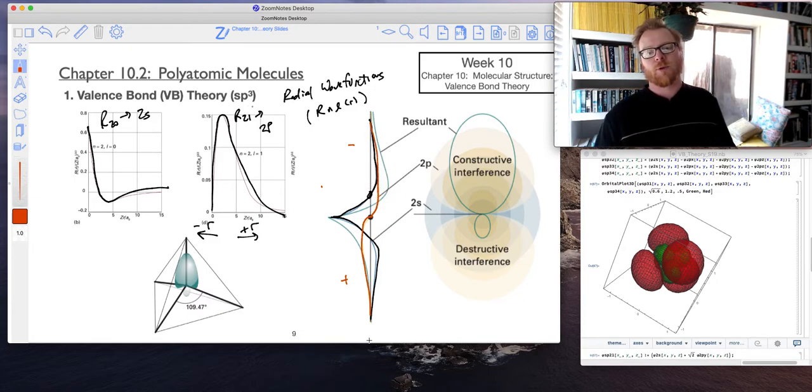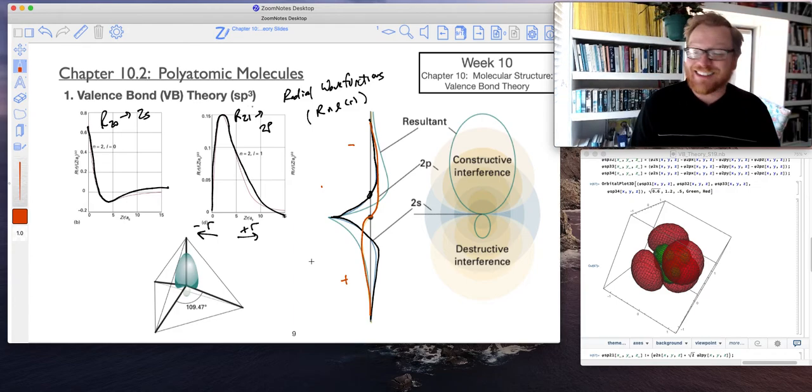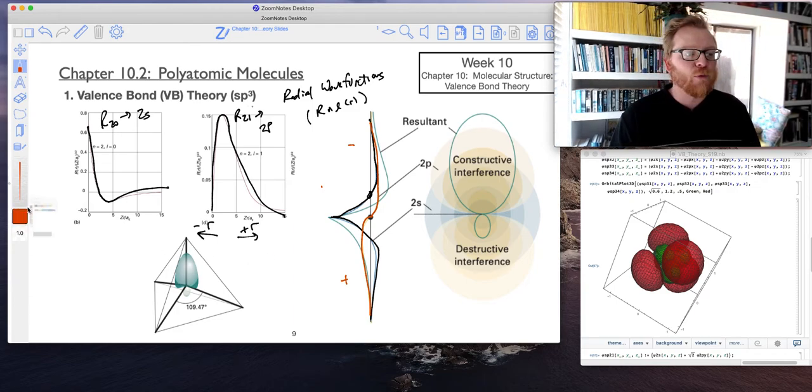So now when we add those two things together, we're going to have regions of heightened constructive interference indicated right here, right? Because at this point, it doesn't really matter whether it's negative or positive. What matters is that they're both constructively interfering, right? They're both on this side of the axis. So that leads to a large lobe right there, okay?